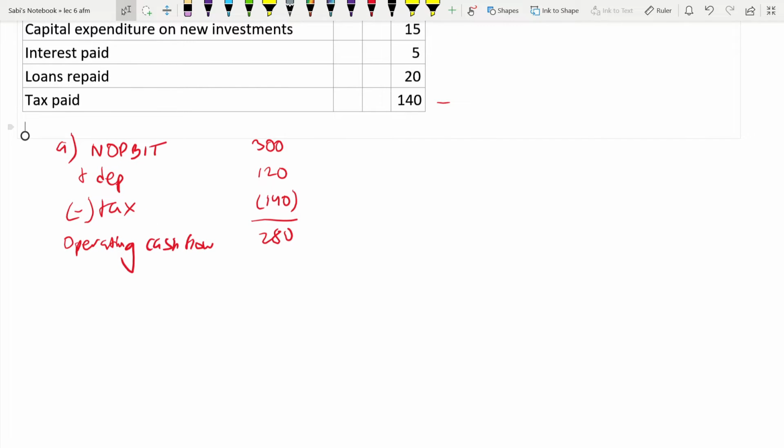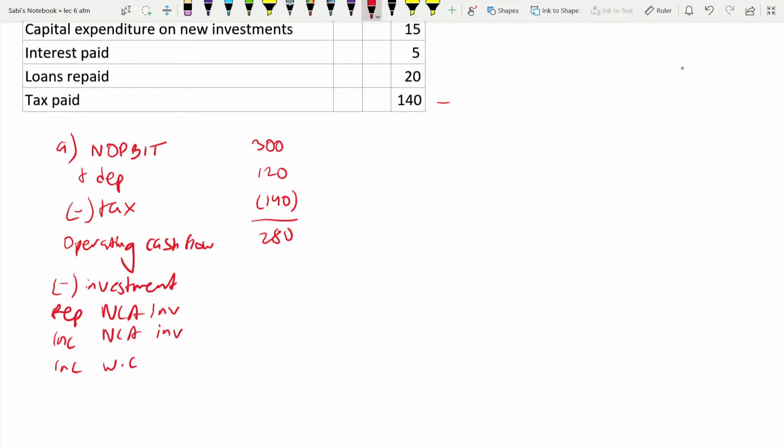Next, this is not over. You have to get free cash flow, so less investment. You can write this as a subheading. Under that you can write all the investment: replacement non-current asset investment, incremental non-current asset investment, incremental working capital investment. I know it has all these three.